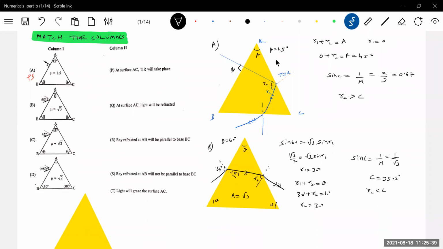At surface AC, light will be refracted. I'll go for option Q. Then since R1 equals R2, the refracted ray at AB will be parallel to the base BC. R. Ray refracted at AB will not be parallel to the base BC.